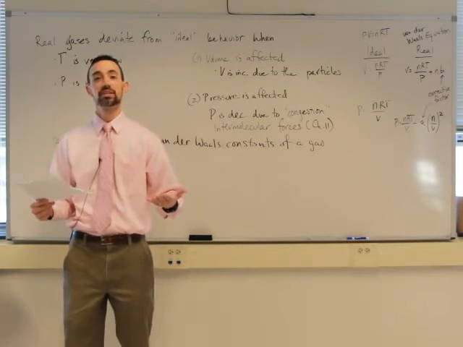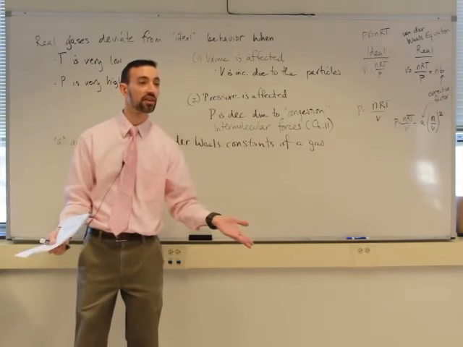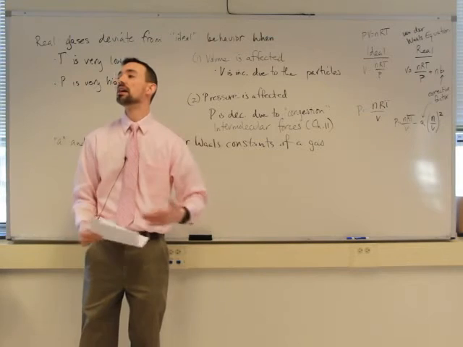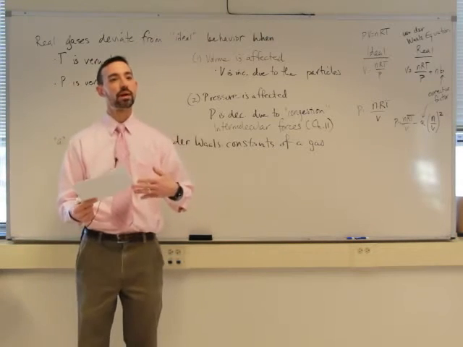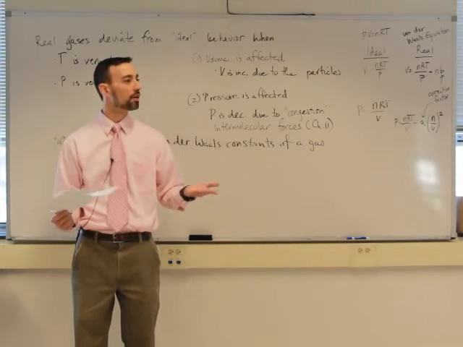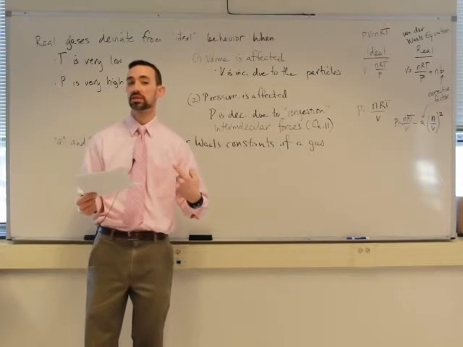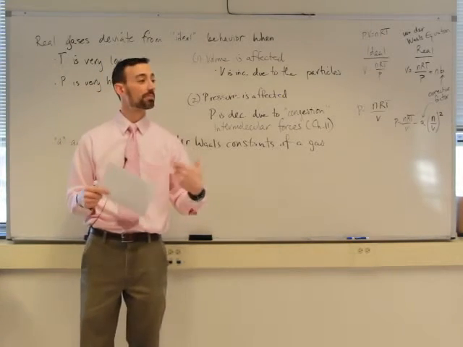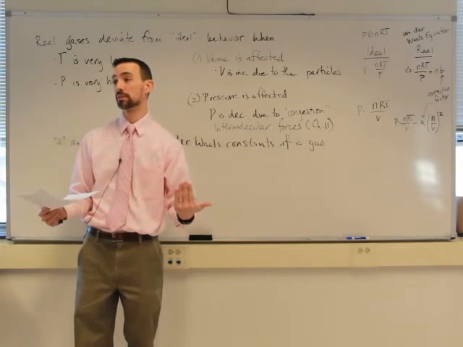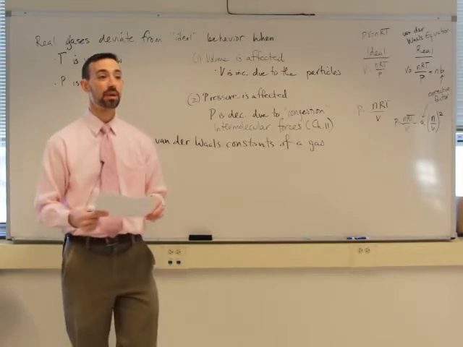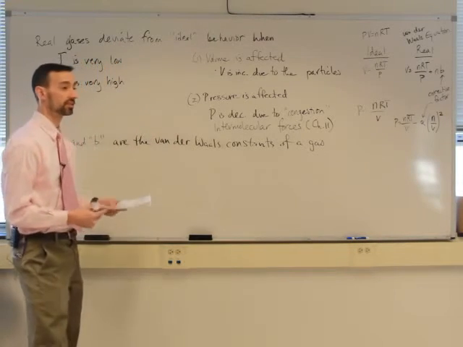The good news is you'll never have to do this derivation again after I do it for you. All right? The rough news is it's a little bit painful to sit through, but it's an awesome exercise to experience, I think, so that you understand why there's so much math incorporated in your chemistry curriculum right now as well. Okay, so that's a big part of what we're getting into today.